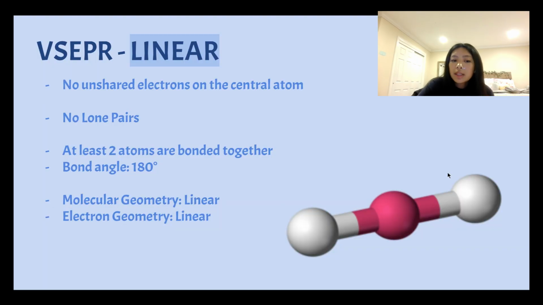So there can be at least 2 atoms that are bonded together. There are no lone pairs. What lone pairs mean is, let's say there were 2 lone pairs on top of the central atom. That would be an unshared electron. And in a linear shape, you can't have these lone pairs or else it's not linear.